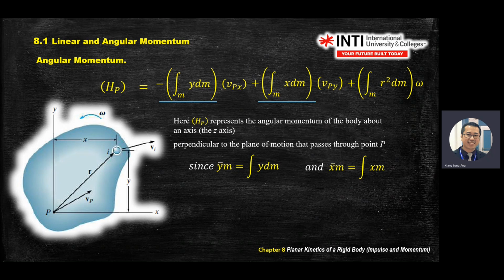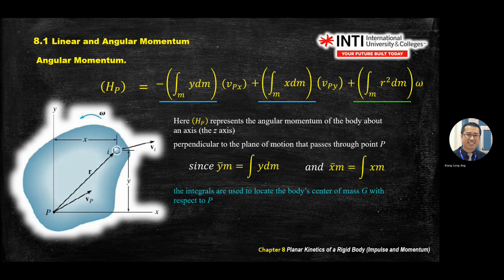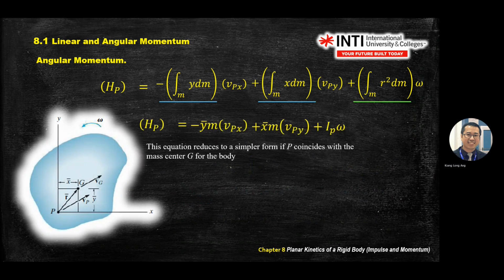Momentum is mv or m omega r. So at the end, you arrive at this equation.